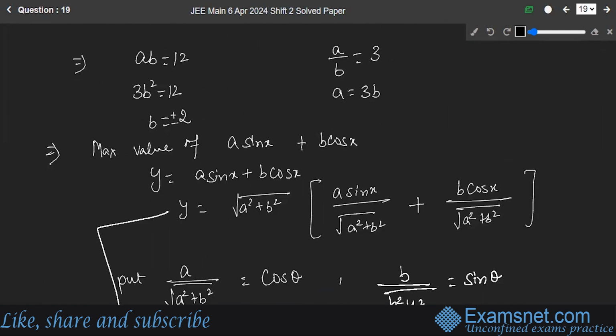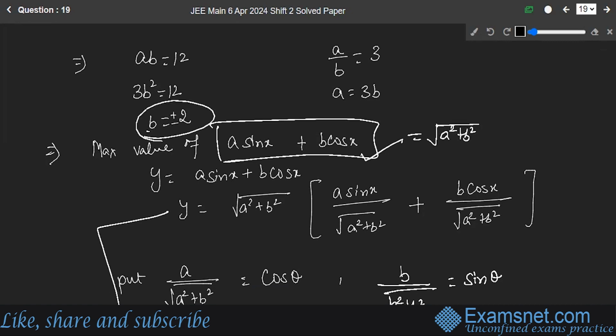Now let's get back to our question. You have to find out the maximum value for this expression, which is equal to root of a square plus b square. Here I got b square as 4 and a is equal to 3b, squaring both sides, you have a square is 9 into 4, which is 36.